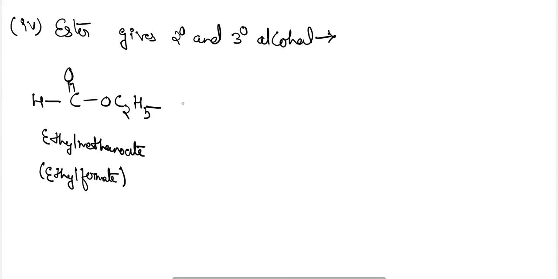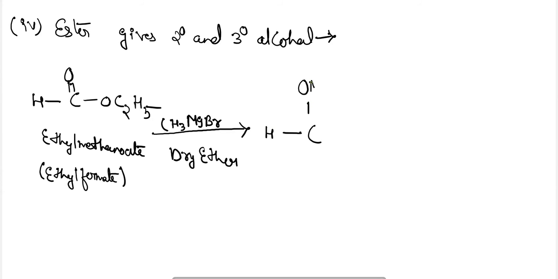So this ethyl formate, when reacted with a suitable Grignard reagent, here CH3MgBr in the presence of dry ether, will form an addition compound, with CH3 attached at the bottom. This is the addition compound.